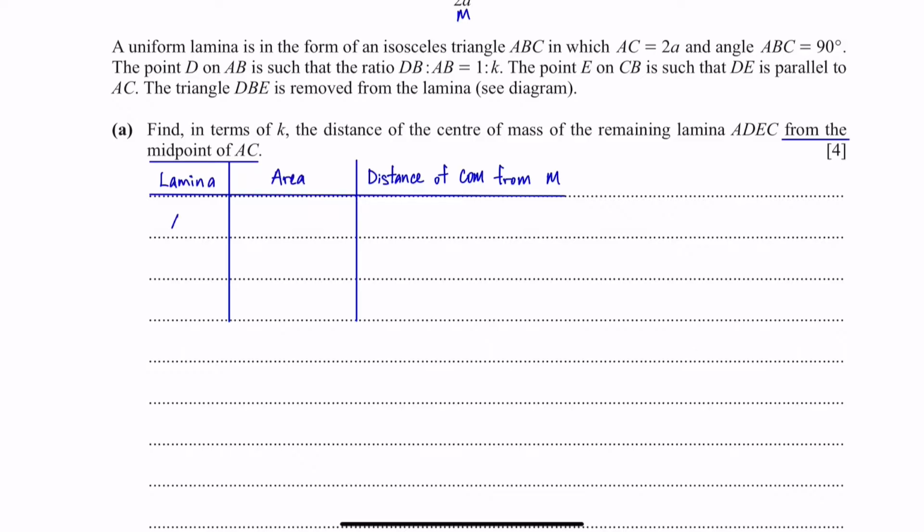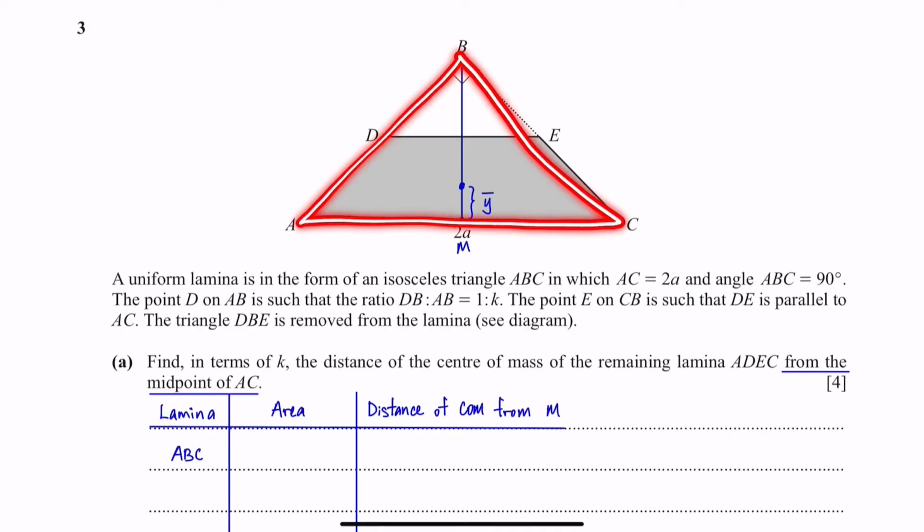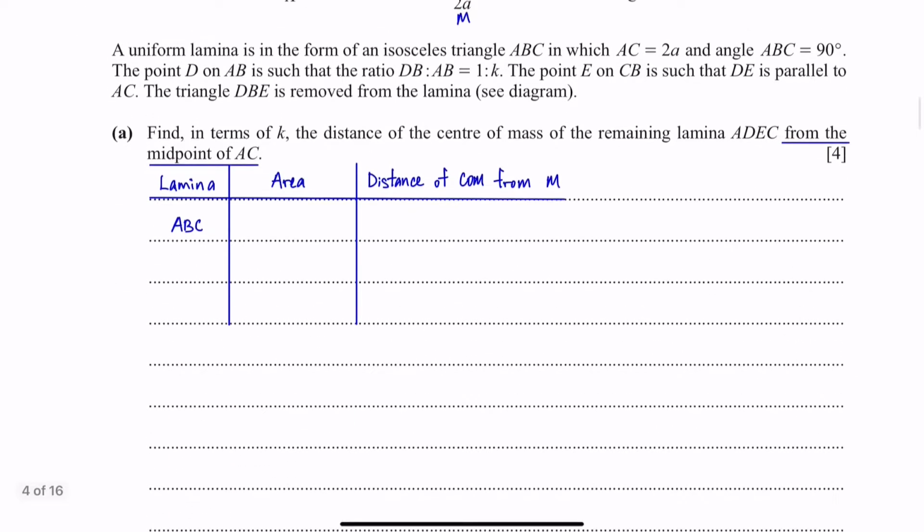So we have lamina ABC, which is the original triangle, and we have the removed part, which is BDE. This is removed. And finally, we need to find the lamina ADEC.